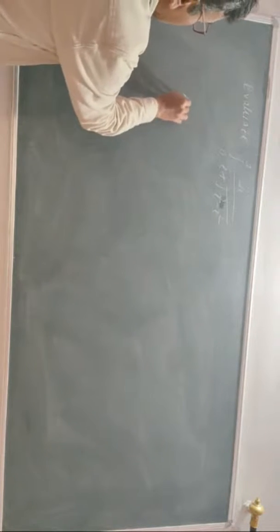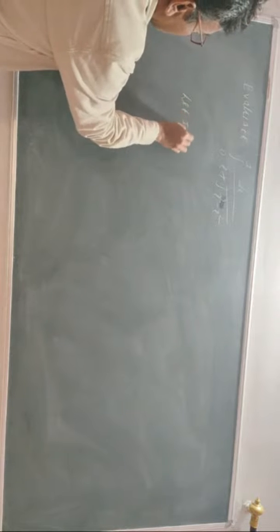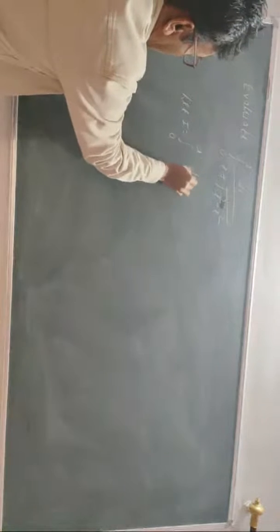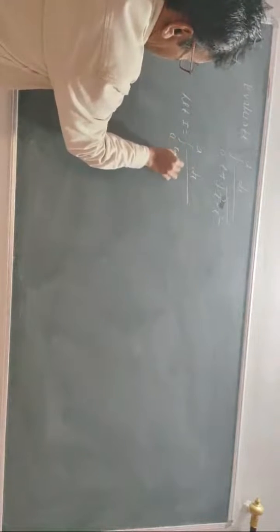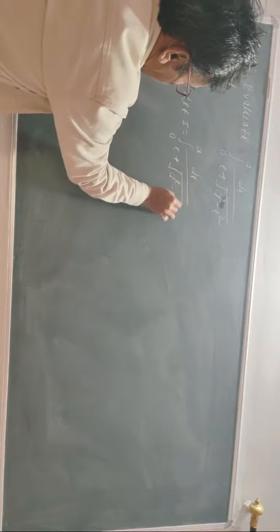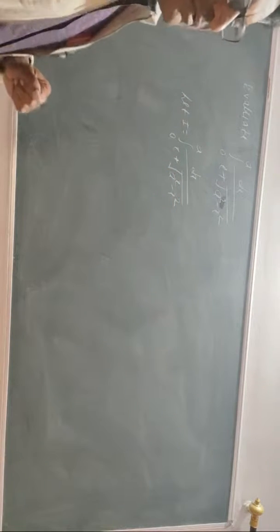Let I equal integration 0 to a dx upon x plus under root a square minus x square. First we use the substitution method.